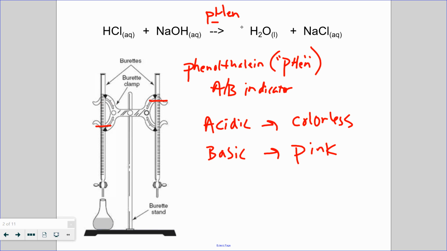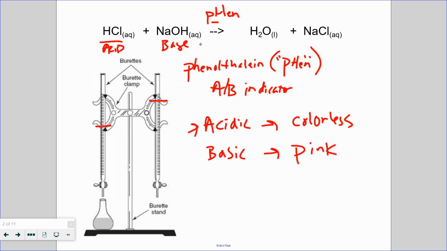And when I do that, since the only thing I have in my container is HCl, the container will be colorless, right? Because HCl is an acid, and when phenolphthalein is in an acid, it will be colorless. And then what I'm going to do is add sodium hydroxide, which is a base, right? This guy's an acid. This guy here is a base.